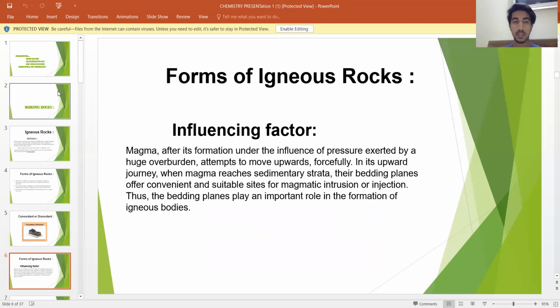So now we will discuss the influencing factors. There are two major factors that influence the creation of igneous rocks: the original rock that was melted and the cooling history of the molten rocks. The original rock could be any initial rock.